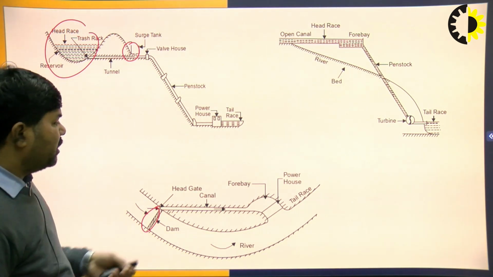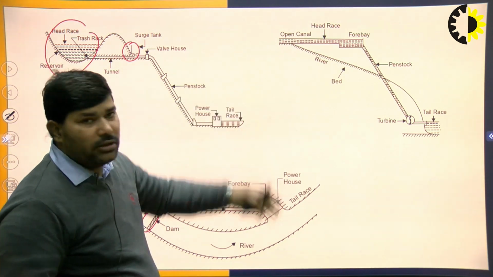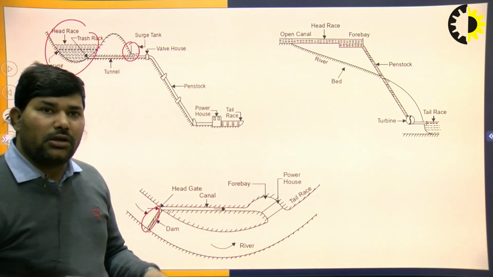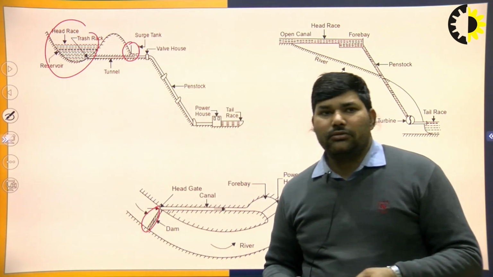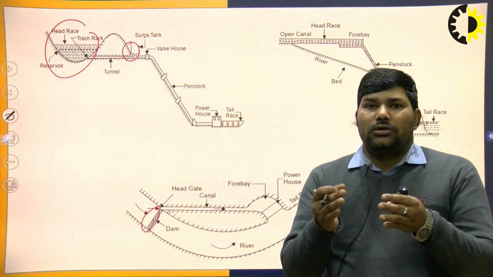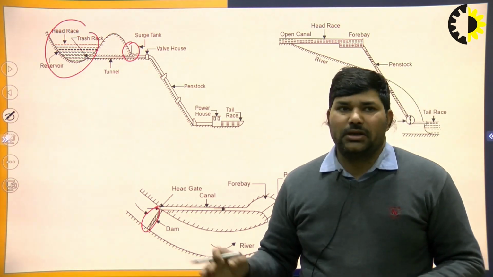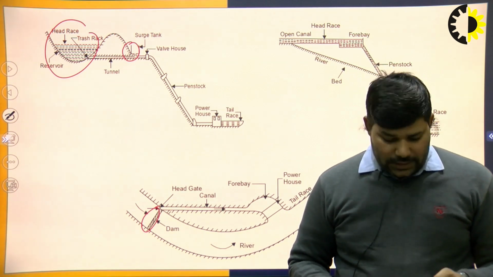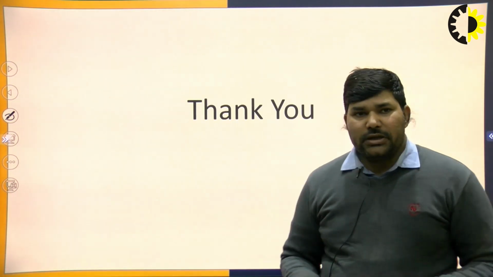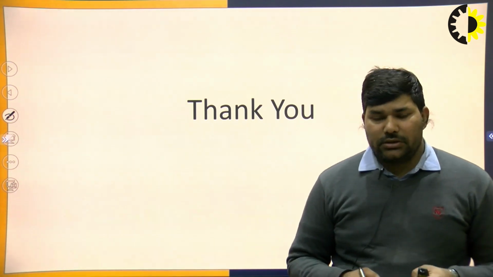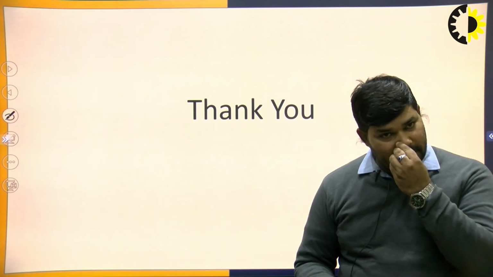Basically these are the different types of storage or installation of this power plant in different positions. You can find these from the figures, and these are the basic things about the power plant, how to calculate the head, or maybe the design of the turbine.